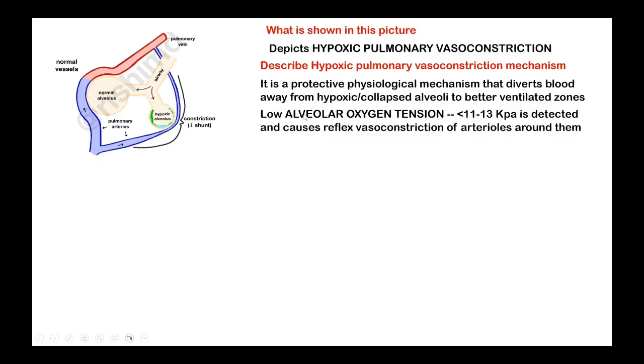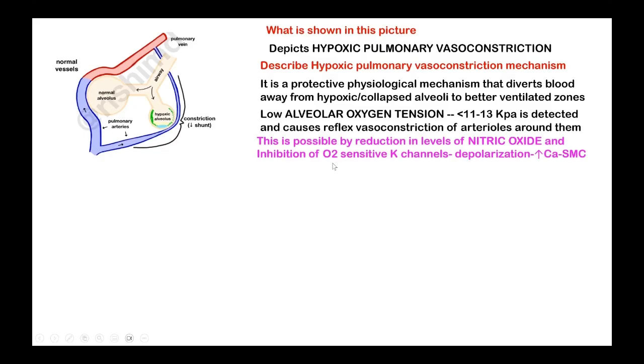It is the alveolar oxygen tension which triggers this reflex vasoconstriction of the arterioles around them. This is possible by a reduction in the level of nitric oxide and the inhibition of oxygen sensitive potassium channels, which cause depolarization, which increases calcium and smooth muscle contraction.